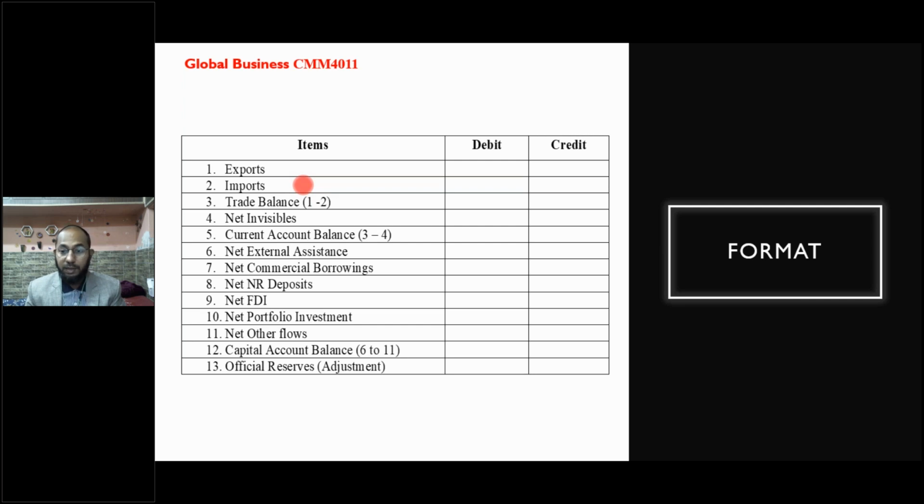If the current account balance is negative, it means it is a current account deficit. A negative current account balance is a current account deficit, and a positive current account balance is a current account surplus. If it is negative, which means we have a current account deficit, there are lots of studies which suggest that below 4% it is sustainable, meaning it is acceptable for a country, and it may have some implications for currency devaluation, which may benefit the country in international trade because your exports may become cheaper.